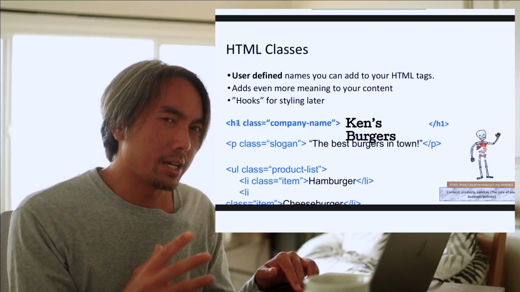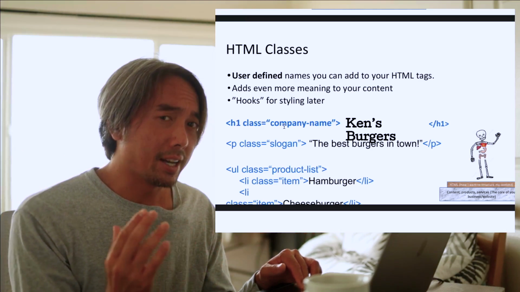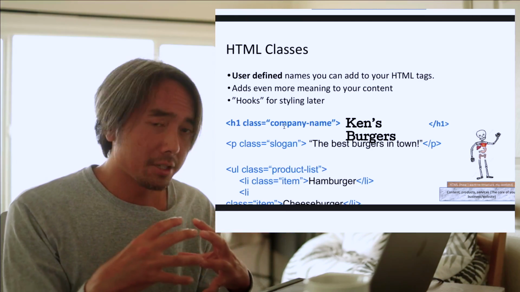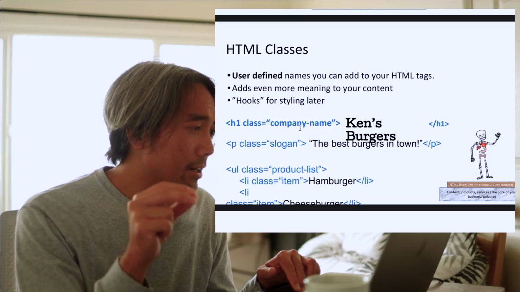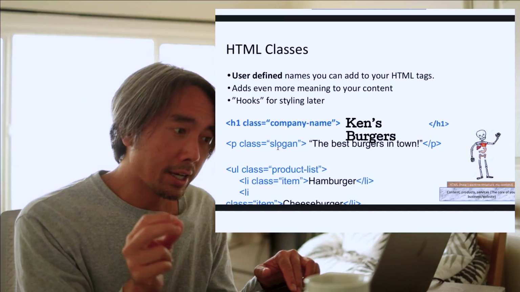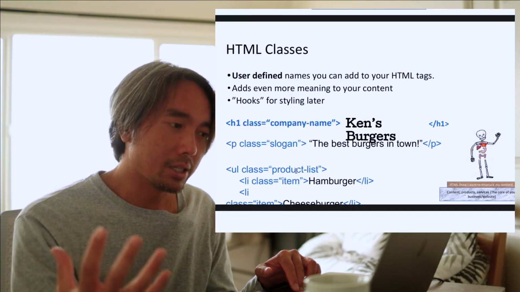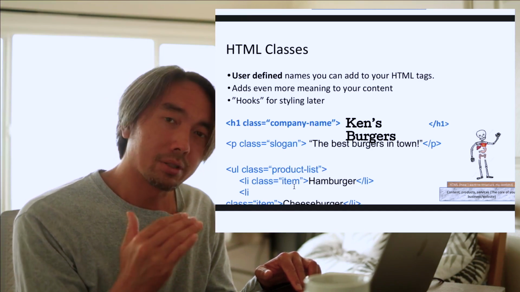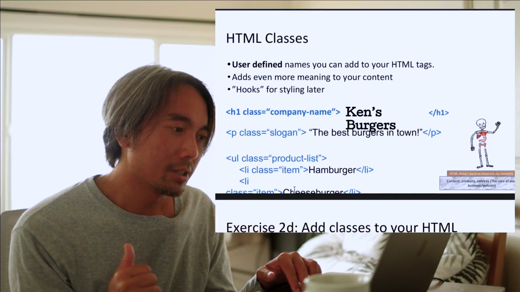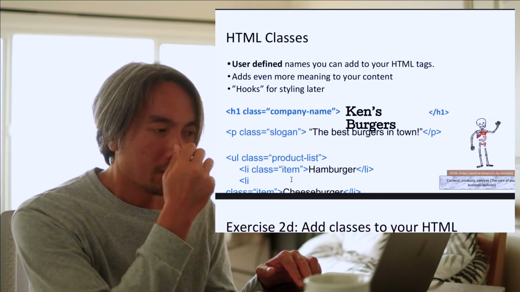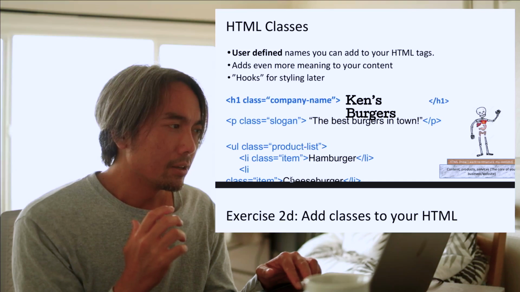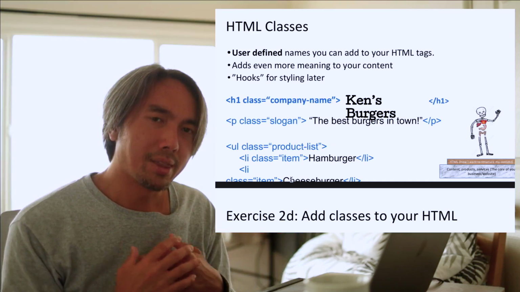Your class names can give it a little more custom meaning. So here is my company name. Next, oh, this is a slogan. Next, this is my product list. Next, each one of these is an item within my product list. I know that name's a little generic, but try to use class names with that purpose in mind.